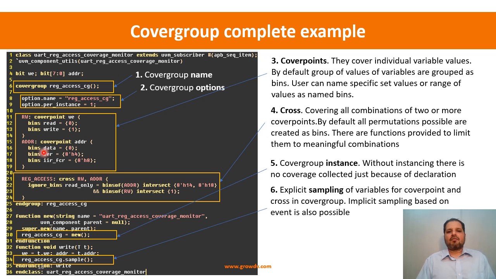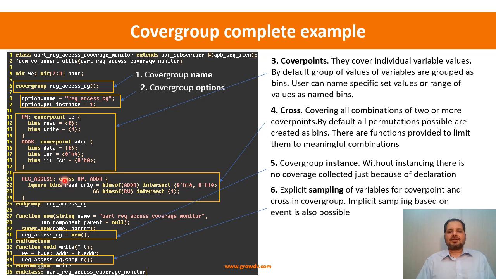Whenever address 0 is accessed, it's the data register, when address hex 4 is accessed, it's the IER register, and when address hex 8 is accessed, it's the IIR_FCR register. So I'm giving these names.